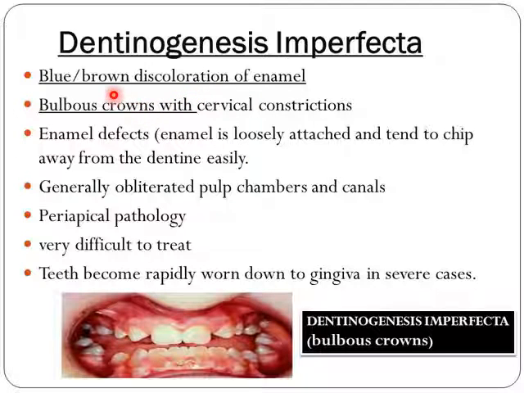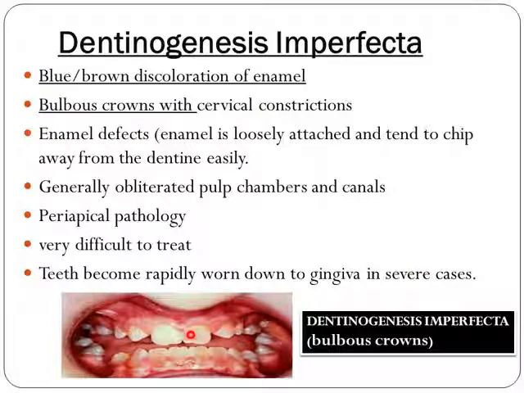The teeth show blue-brown discoloration, bulbous crowns with cervical constriction, and enamel defects. Enamel is loosely attached and tends to chip away from the dentin easily. There is obliteration of the pulp chamber and canal. Periapical pathology occurs and is very difficult to treat, so the teeth become rapidly worn down to the gingiva in severe cases.